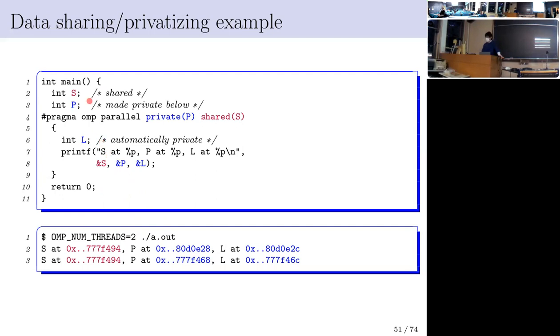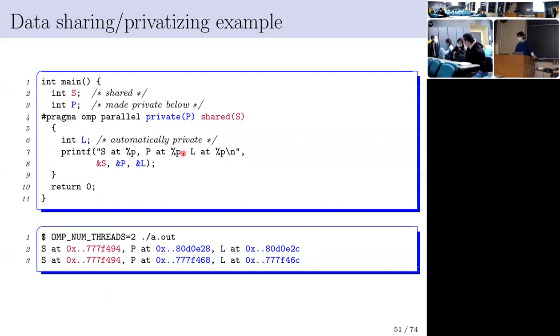As I said, a variable being shared among the threads is the default behavior, so the same thing happens on S if you do not say anything on S.